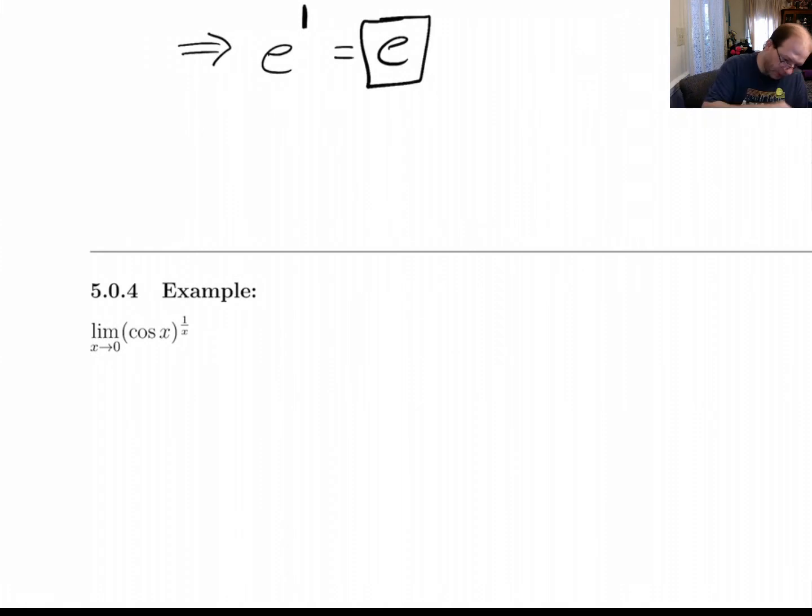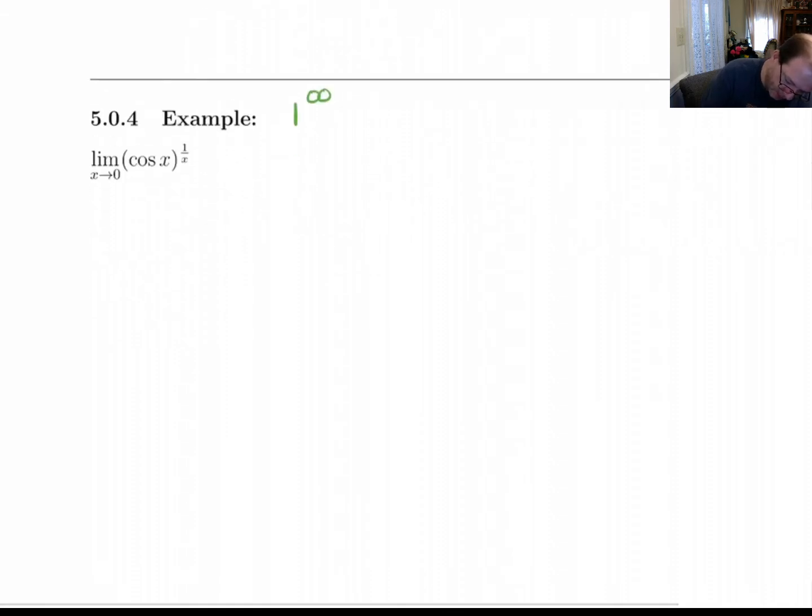All right, last example. The limit as x goes to 0 of (cos x)^(1/x). So let's look at this first. When x goes to 0, cosine of x is 1, and then up top, that's infinity. So this is a 1 to the infinity type. So let's let y equal (cos x)^(1/x). We're going to take the ln of both sides.